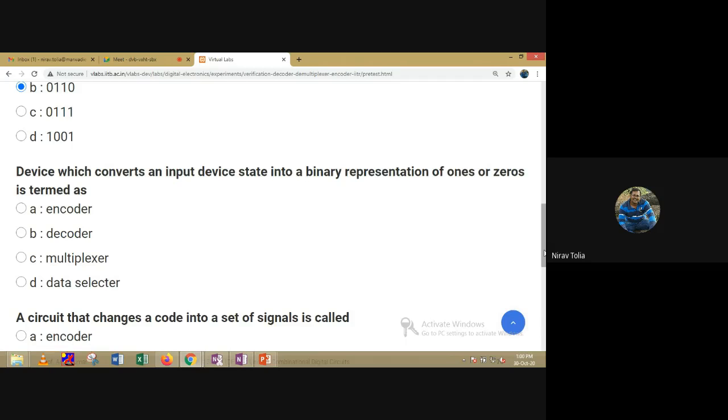Encoder, decoder, multiplexer, or demultiplexer? Okay, so Anand and Parth gave the answer. It is A. Okay, so let me click it.